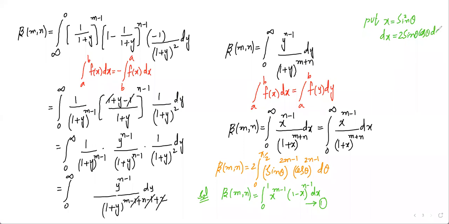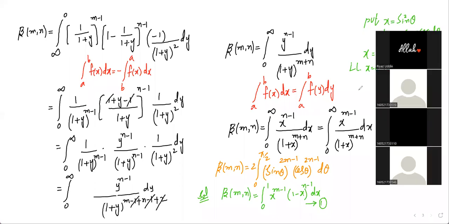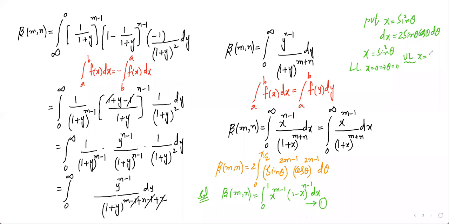Now we have to change the limits. x is equal to sin square theta. If you put x equal to 0 in the lower limit, you will get theta value also 0. In the upper limit, if you put x is equal to 1, then 1 is equal to sin square theta, so theta value is equal to 90 degrees, that is pi by 2.